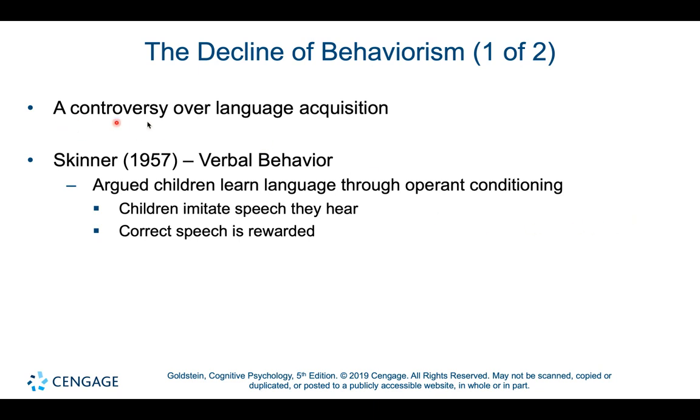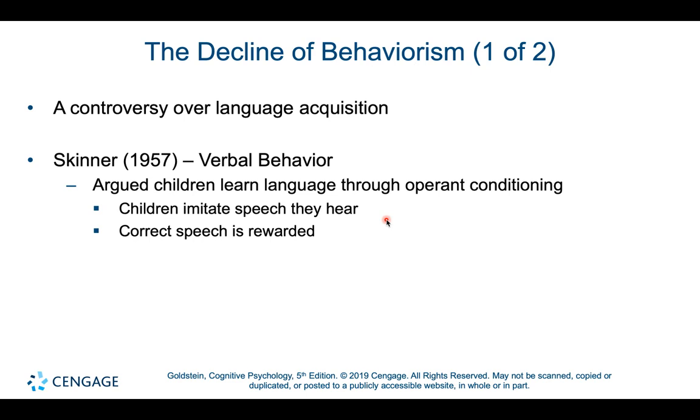And one of the big declines of behaviorism, one of the big missteps that Skinner made, was in his arguments over how children acquire language. Skinner argued that children acquire language through operant conditioning, reward and punishment. Children imitate the speech that they hear, and then they're rewarded when they produce it correctly, right?